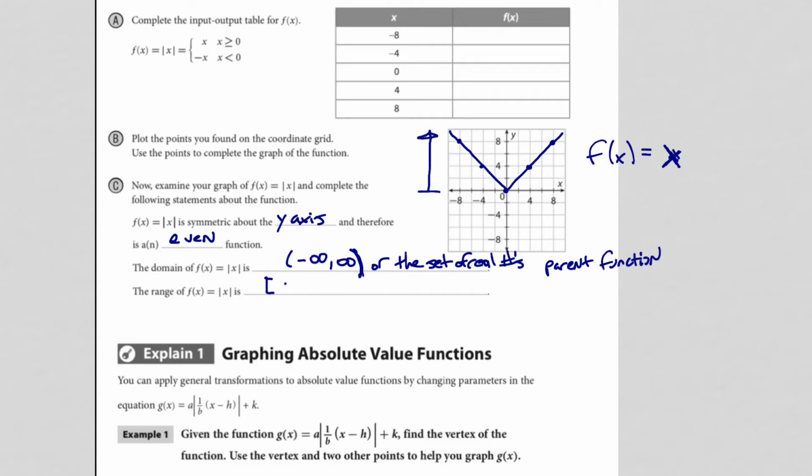As an interval, I'd write that as 0, comma, to infinity, or the set of all positive real numbers. And that's not every single graph of absolute value, simply the parent graph that has this domain and range. If the graph were slightly different, then the domain and range will also be slightly different. So let's go on to the next section.